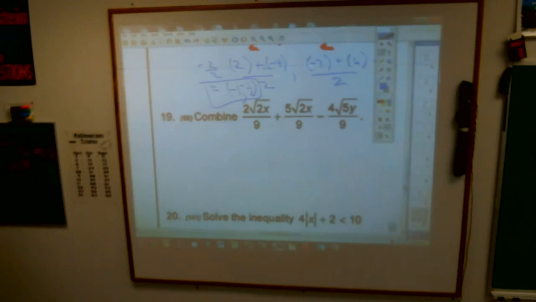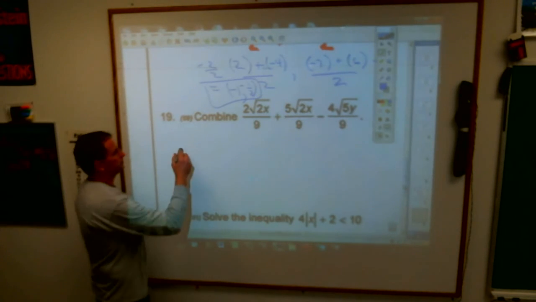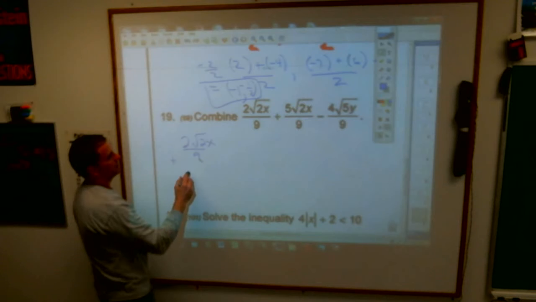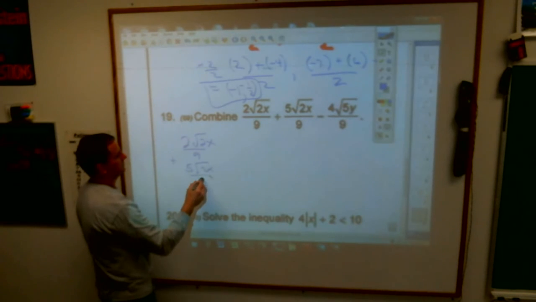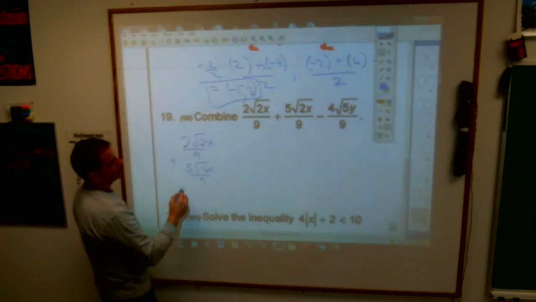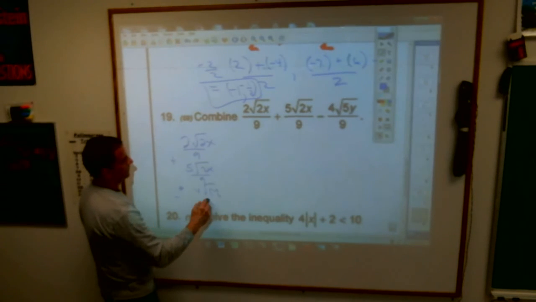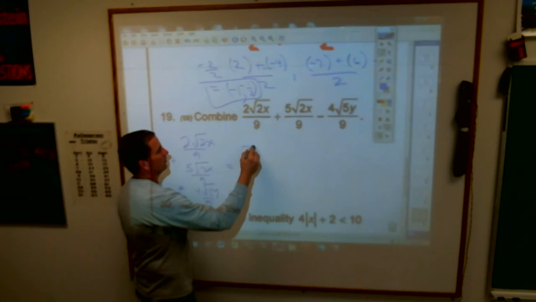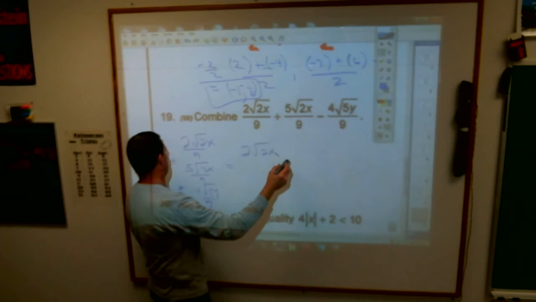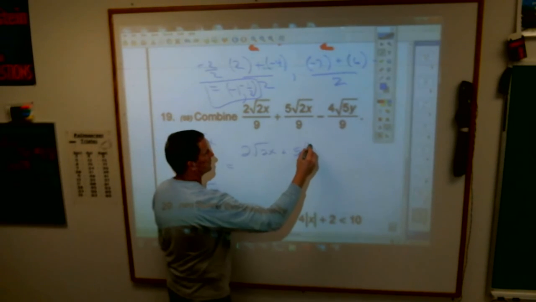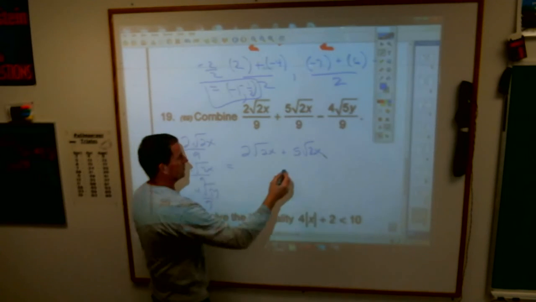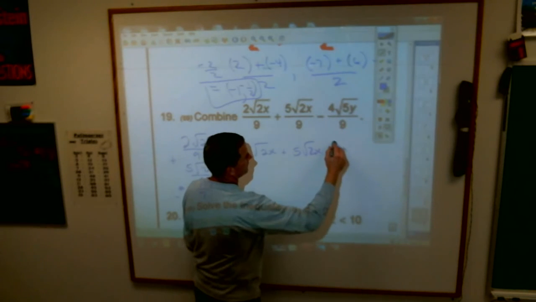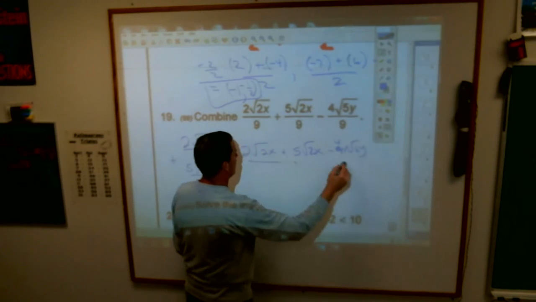And then this one here, really, the beauty of this, people, and I only do this out of habit, you really wouldn't need to do this for this one. All like terms, so you can just add them together as they are. I'm going to write it out just so maybe this will help you if you miss this. Plus 5 times the square root of 2x... No, sorry. 4 times the square root of 5y all over 9.